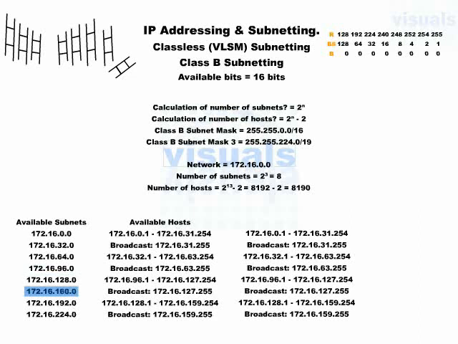For the next network, valid addresses are from .160.1 to .191.254, and the broadcast address is 172.16.191.255.